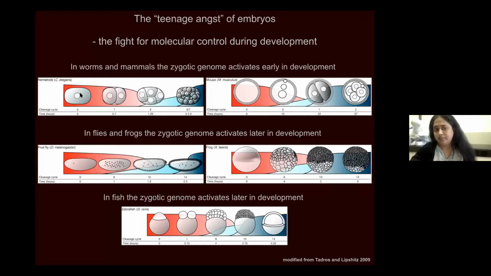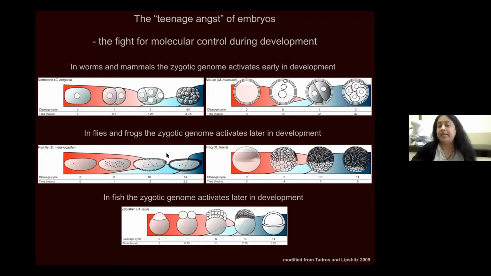And as the embryo divides to form a multicellular embryo, multicellular means more than one cell, it sort of gives up control to the zygote, to the fertilized embryo, such that now the zygote's nucleus begins synthesizing its own mRNA and proteins. And those mRNA and proteins dictate the later part of development and all adult life and homeostasis. So this is true across the board for all metazoan species.